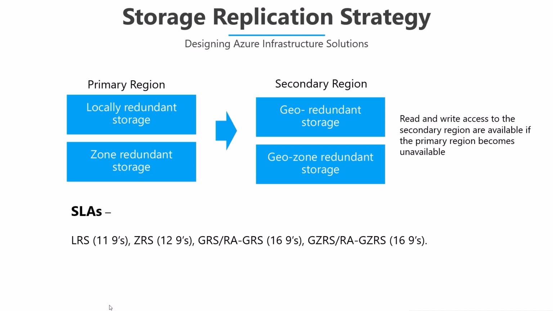Where multiple regions are involved, it's always going to be the paired region where the copy of the data will be copied. For example, if I take GRS or RAGRS, that's going to give me 16 nines of high availability, which is very high compared to LRS and ZRS. And when I go for this, a total of 6 copies of the data will be there: 3 copies in the primary region and another 3 copies in the secondary region.